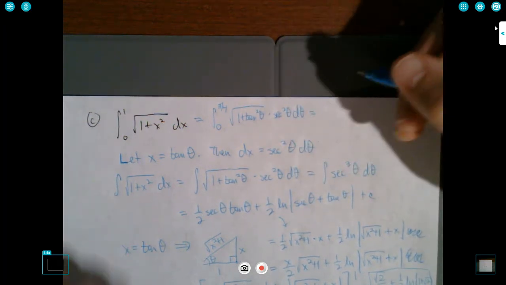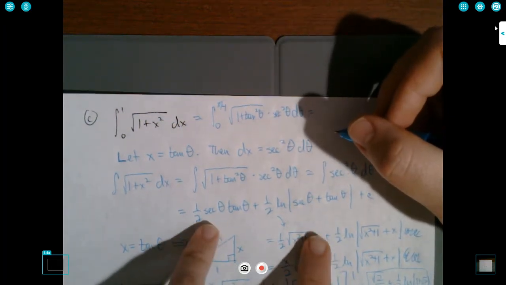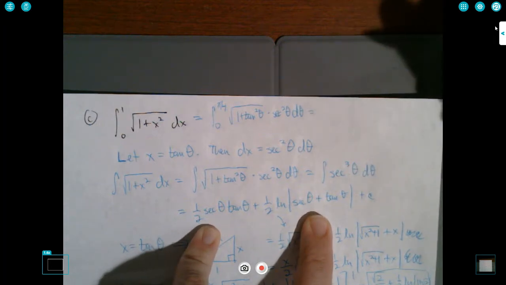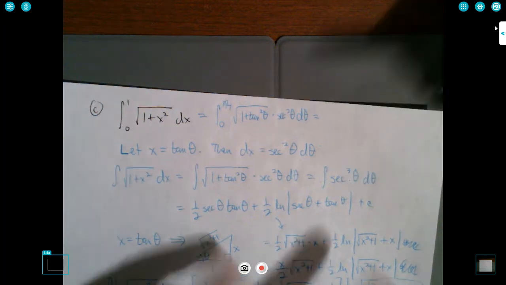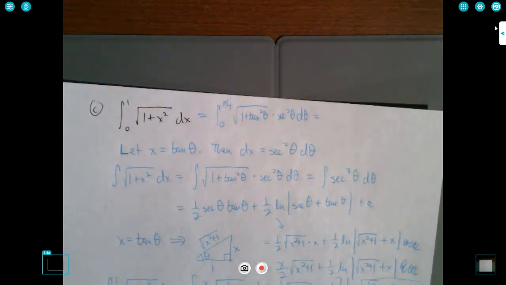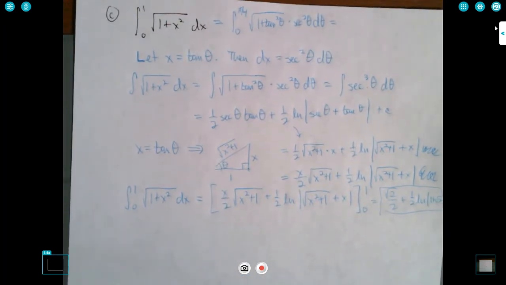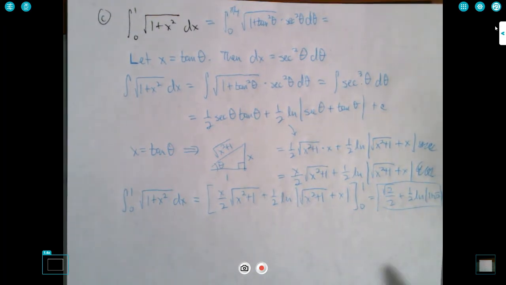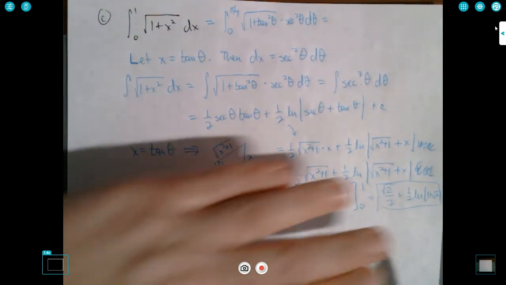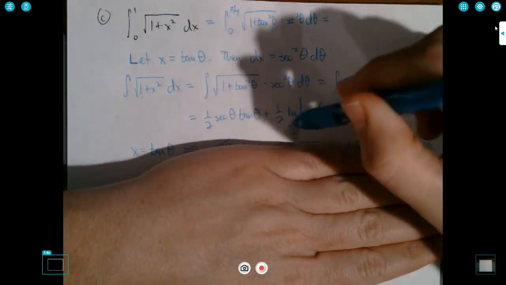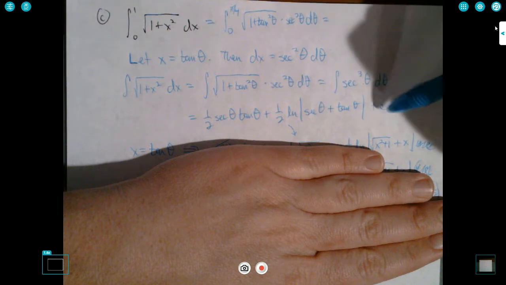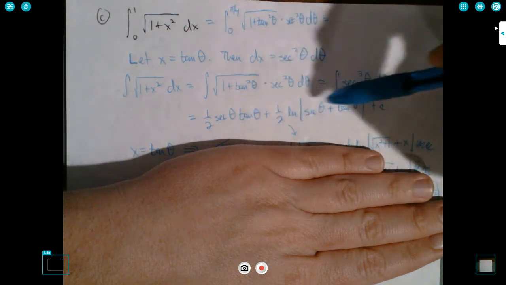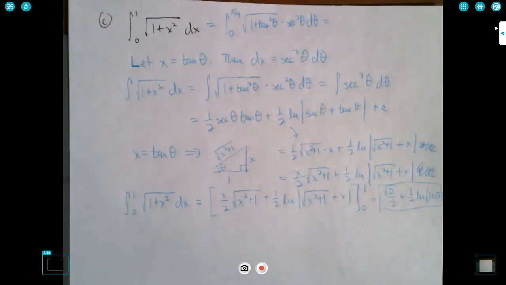And then after a lot of toil, you get to this step here, and at this step, you could just plug in 0 and pi over 4 everywhere. I'm not sure it's that much easier, if it's easier at all. But it does help you avoid having to do the back substitution part. So you get here, and then you can just plug in pi over 4, and then plug in 0. So up to you how you want to deal with those.